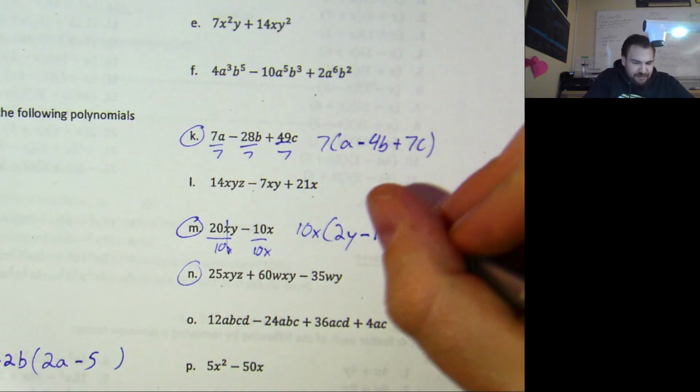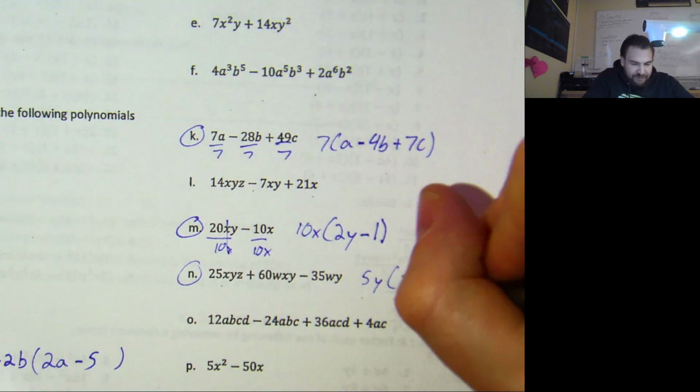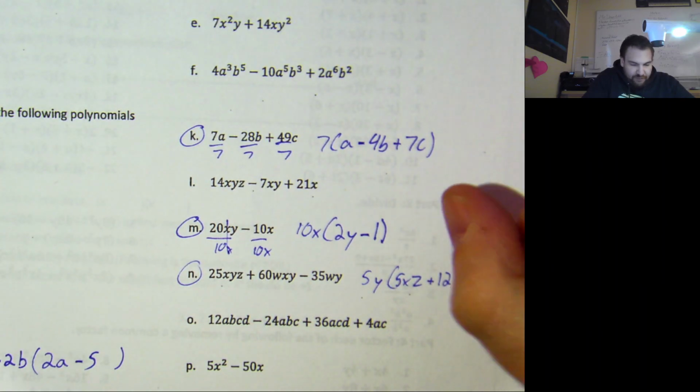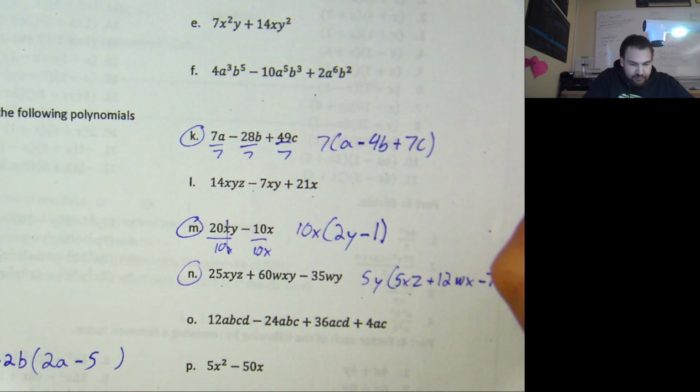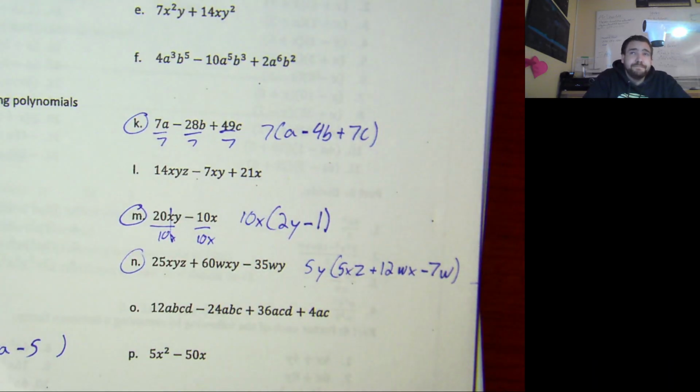The GCF here is going to be 5 and a y, and then in brackets it's going to be 5xz plus 12wx minus 7w. That's the answer. I think I just forgot the 5y. So you just need to be more careful.